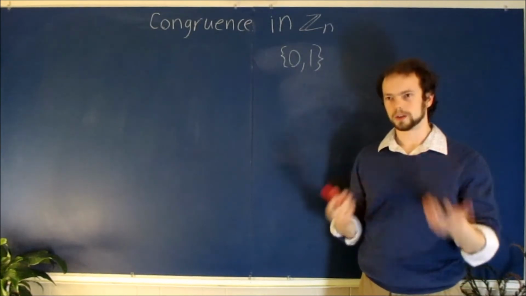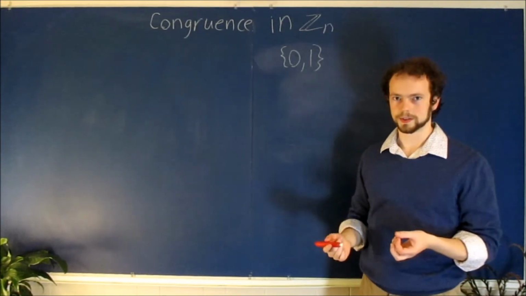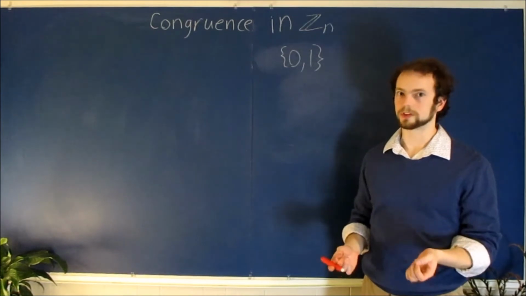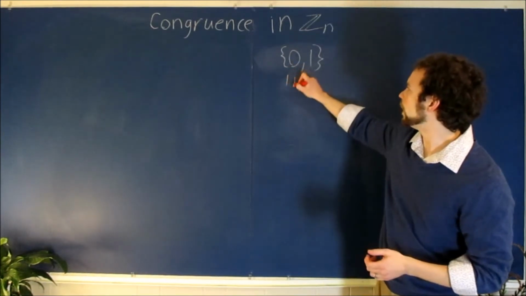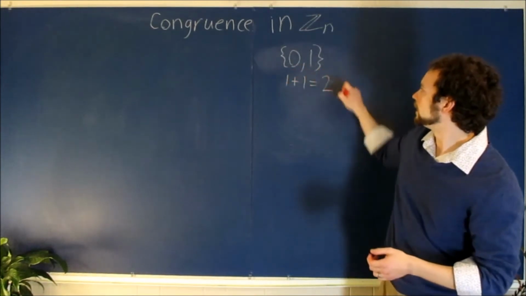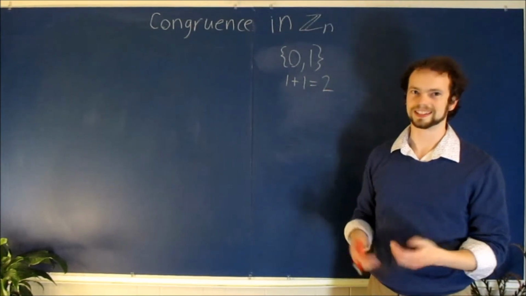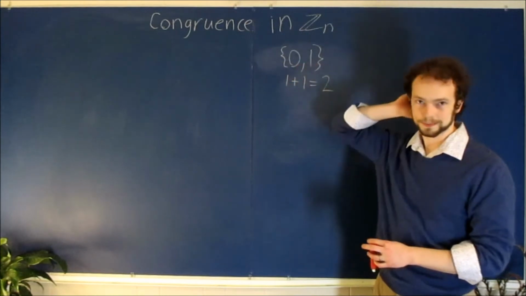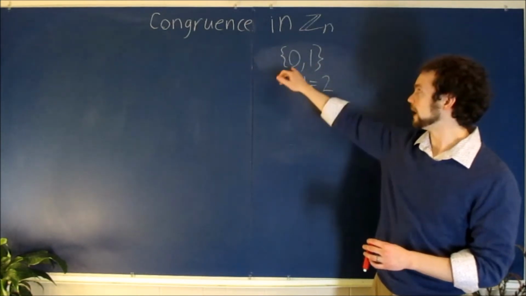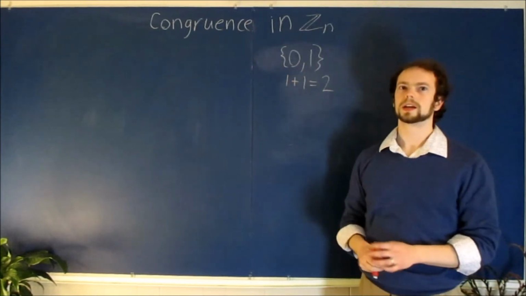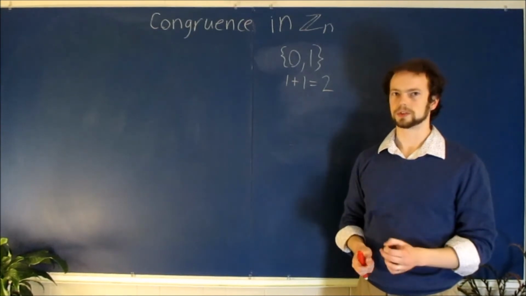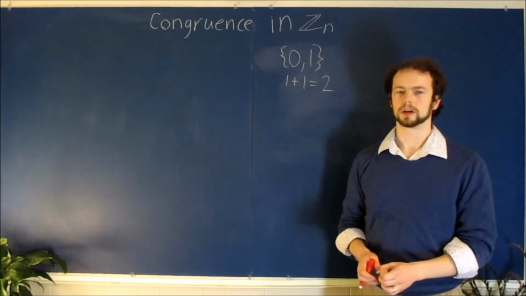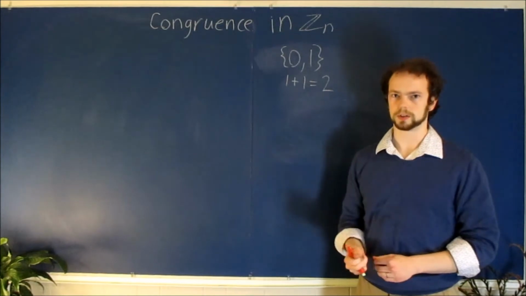It doesn't take too long to realize that this will not be closed under addition. If I add 1 plus 1, I get 2, and that's a big problem because 2 is not in my set. So this set of integers does not constitute a ring, right? It violates the closure under addition.